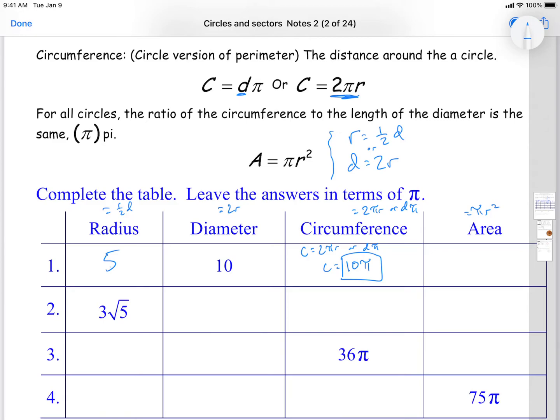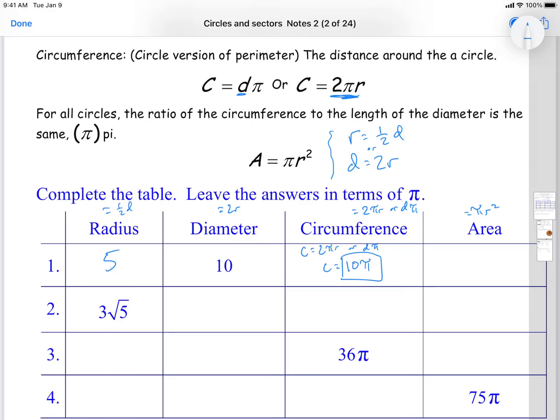So for this one, what would be my area? Would it be 2 times pi times the radius, 5? 2 times pi times radius?